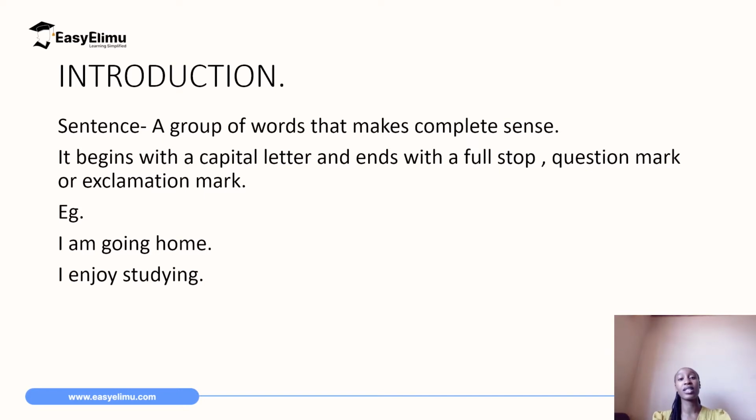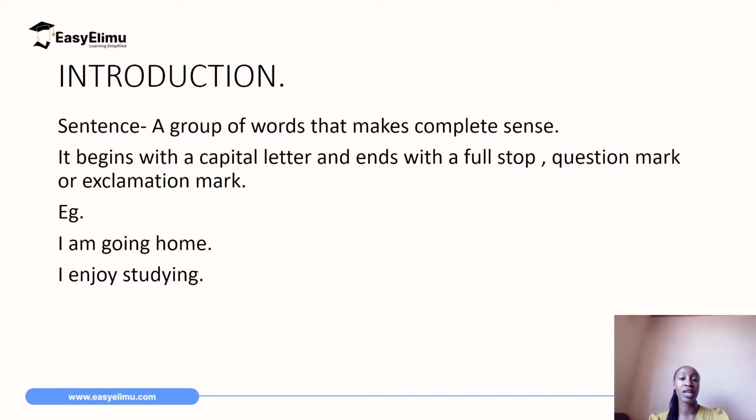So before we get into it, it is important to remind ourselves what a sentence is. And we said a sentence is a group of words that make complete sense. We also said that a sentence begins with a capital letter and ends with either a full stop or a question mark.